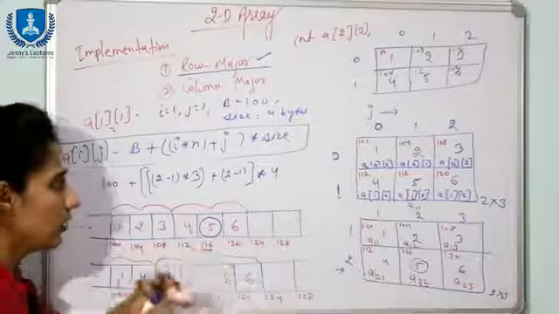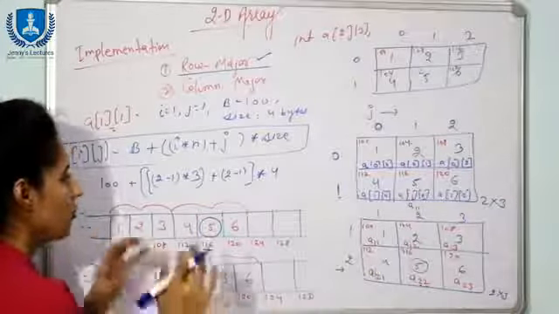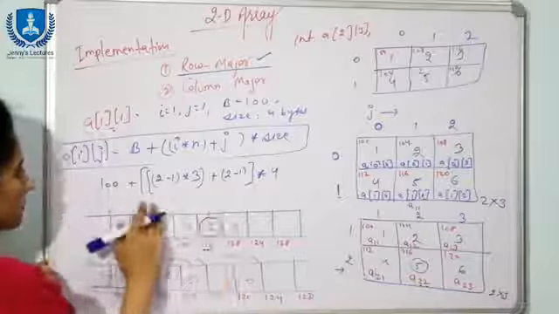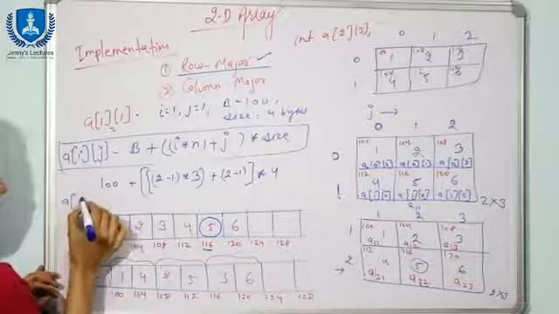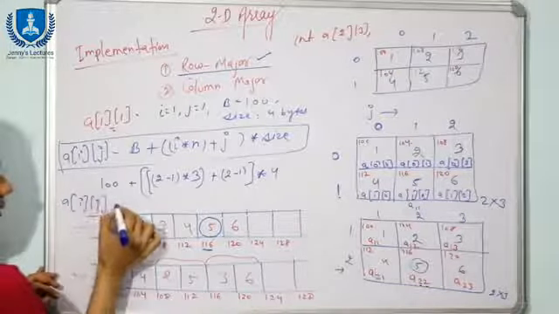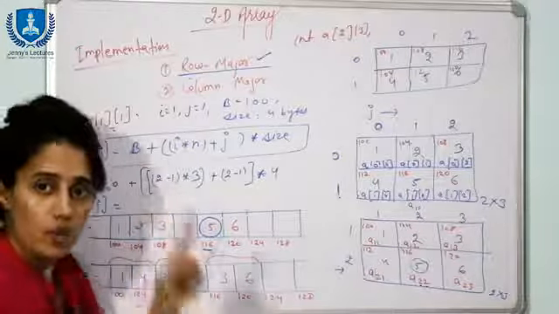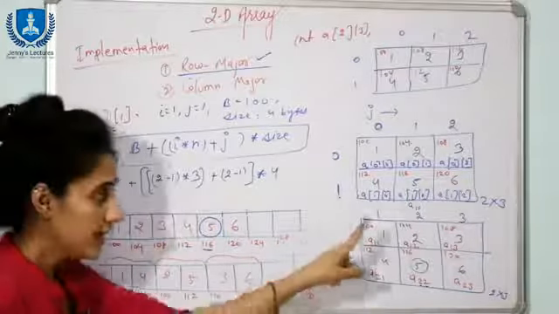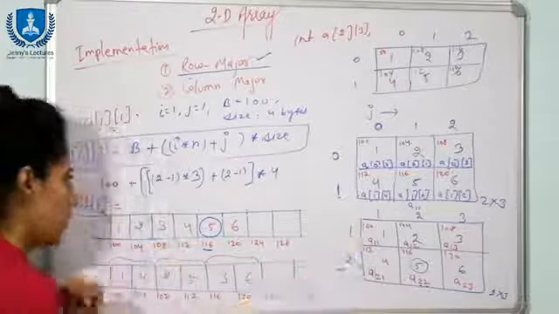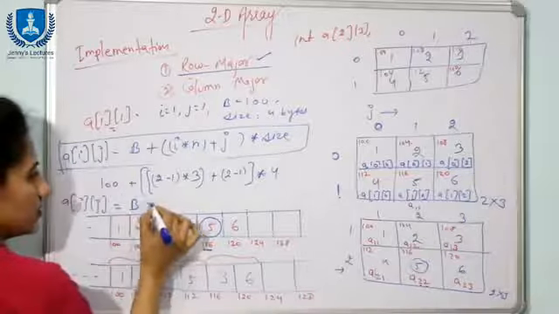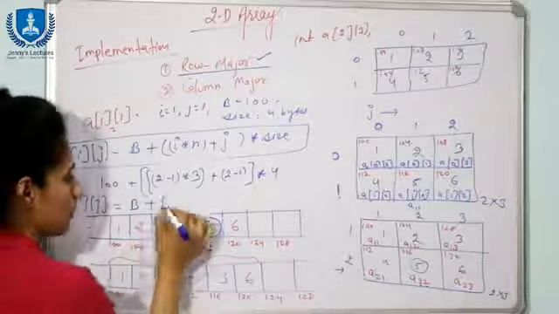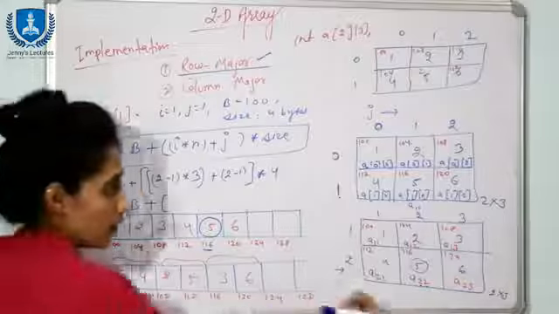Now in general, if you want to write down the formula, how will you write it? For calculating A of ij in row major implementation, but where the index of the array starts from 1: base address plus, here what will you write?